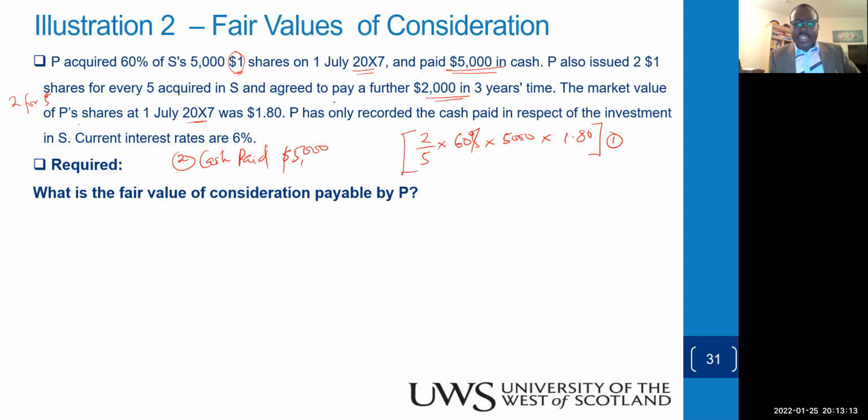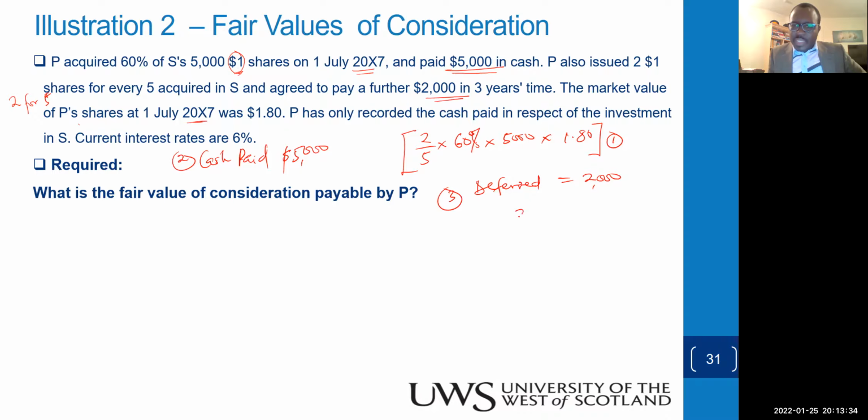Number three, a deferred cash payment of how much? 2,000 in 3 years. They've even given you the figure, you just need to work it. The 2,000 that we will pay in 3 years is not the same value today, so we need to discount it.